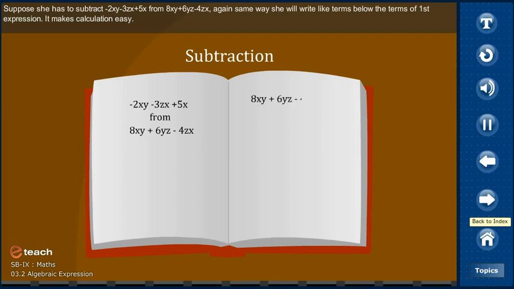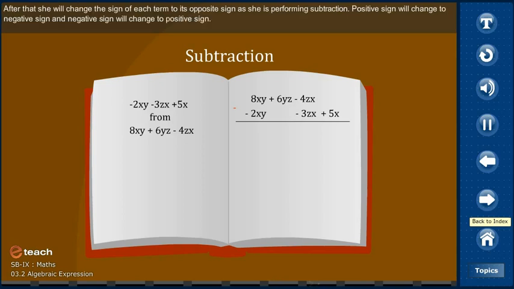Again in the same way she will write like terms below the terms of the first expression. It makes calculation easy. After that, she will change the sign of each term to its opposite sign as she is performing subtraction. Positive sign will change to negative sign and negative sign will change to positive sign.